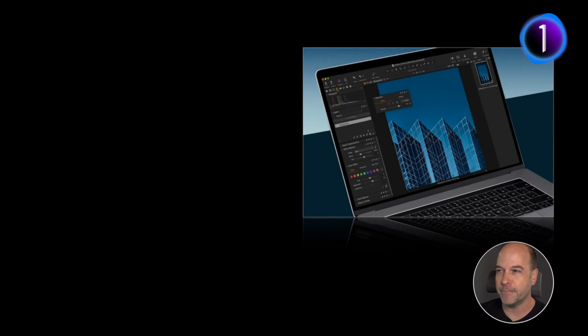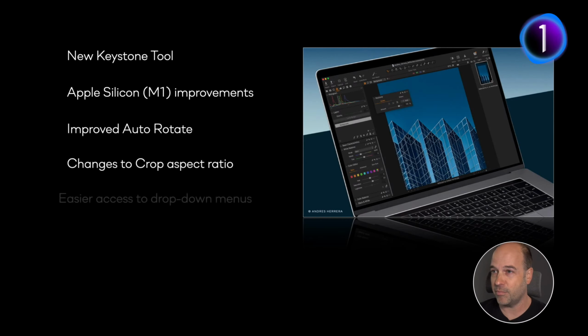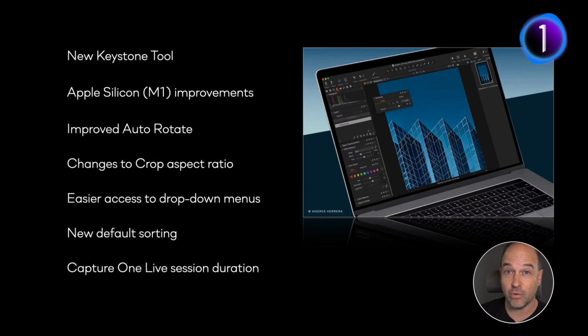That will be easier. So as I said, the main thing is focused around this new Keystone tool, the Apple Silicon M1 improvements, the auto rotate, which came out with the launch of Capture One 22. We've made a few tweaks and adjustments to that. More on that later too. Some usability changes to cropping with different aspect ratios.